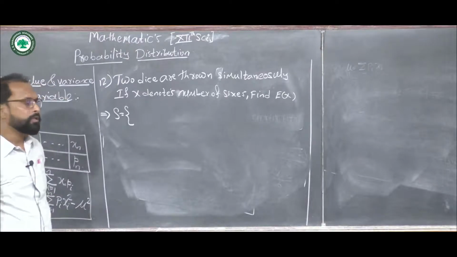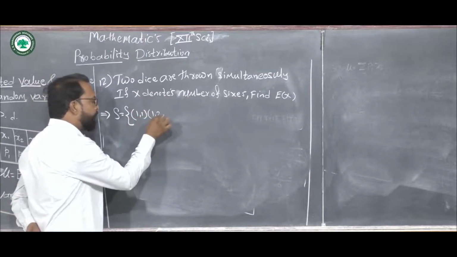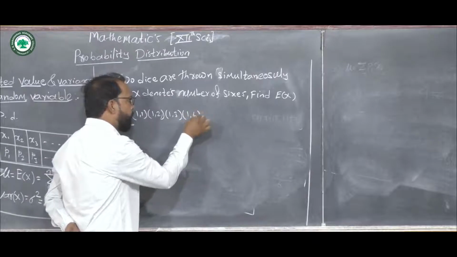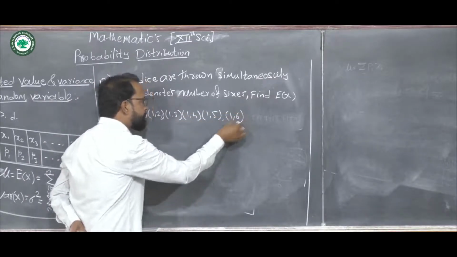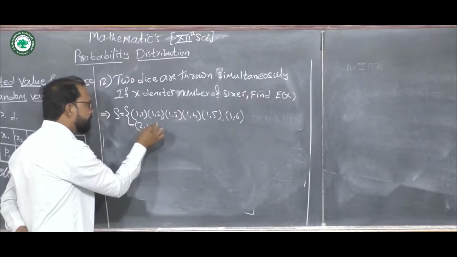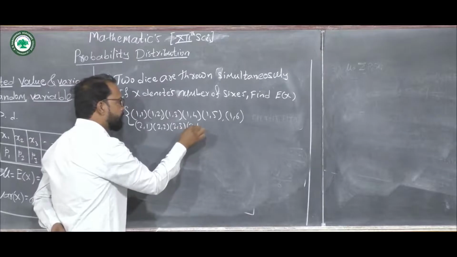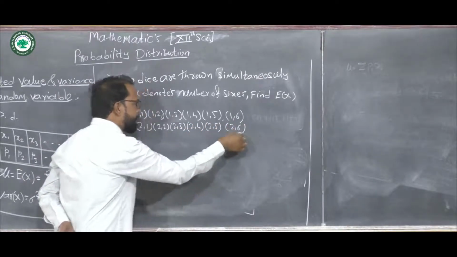There are 36 outcomes which are 1 1, 1 2, 1 3, 1 4, 1 5, 1 6, 2 1, 2 2, 2 3, 2 4, 2 5, 2 6.